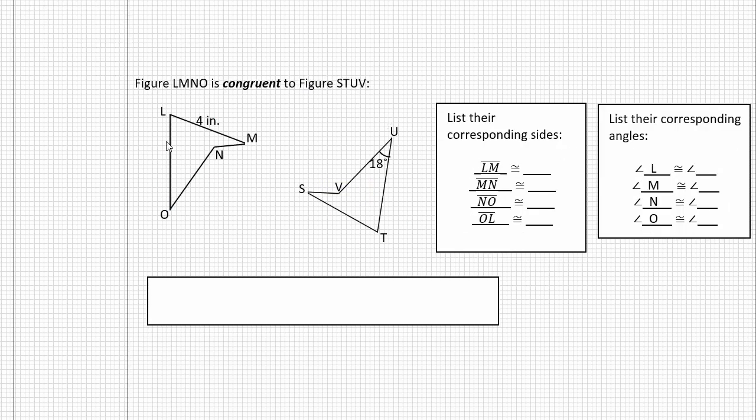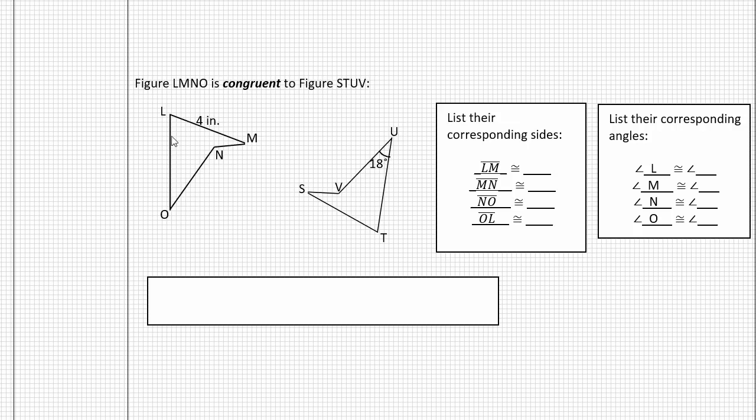Here I've drawn two more congruent figures. So I have figure LMNO, and it is congruent to figure STUV. So what I would like you to do, and I'm not going to rotate it this time, but you can imagine rotating these shapes to see how they would match up.